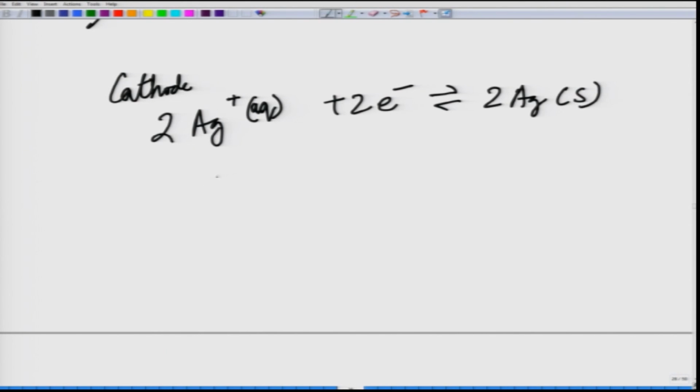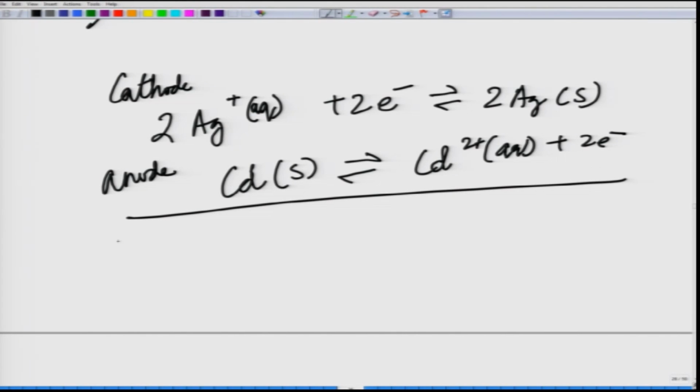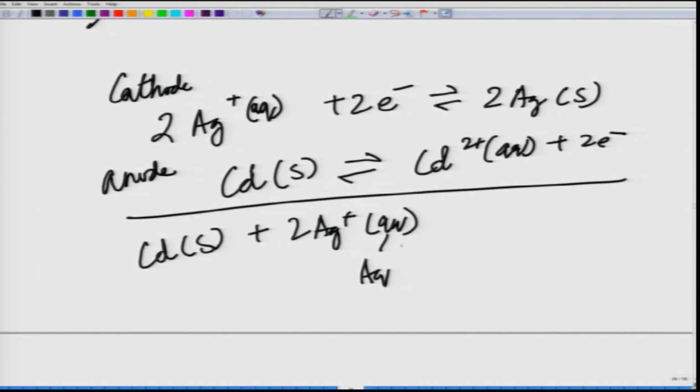Okay. Whereas at the anode, what is going to happen is cadmium solid goes to cadmium 2 plus aqueous plus 2 electrons, and the net reaction is cadmium solid plus 2 Ag plus aqueous giving Cd2 plus aqueous plus 2 Ag solid.